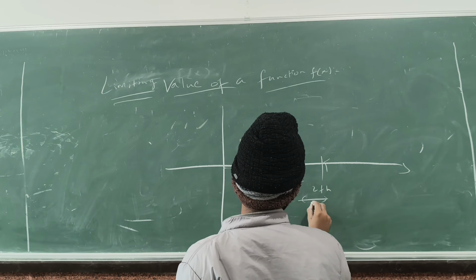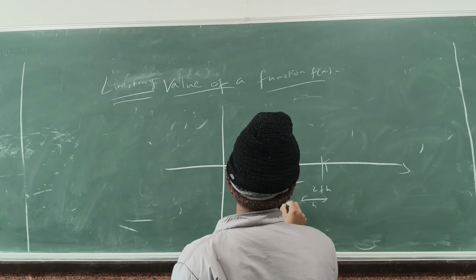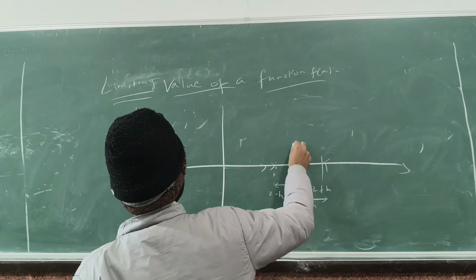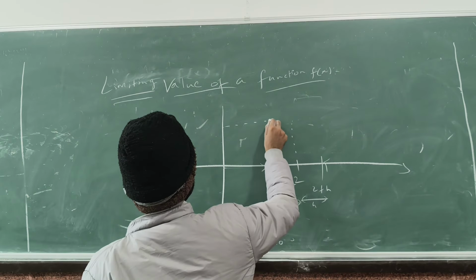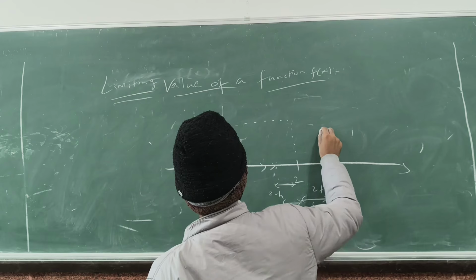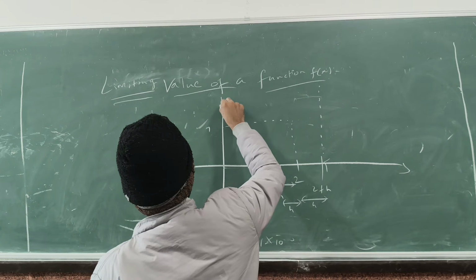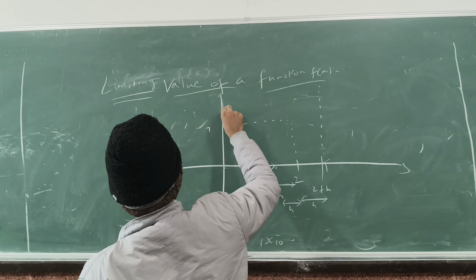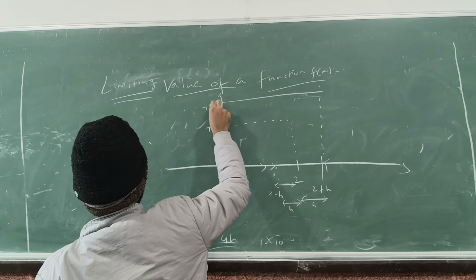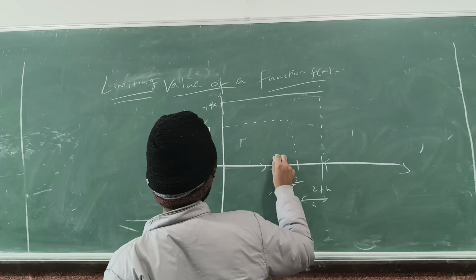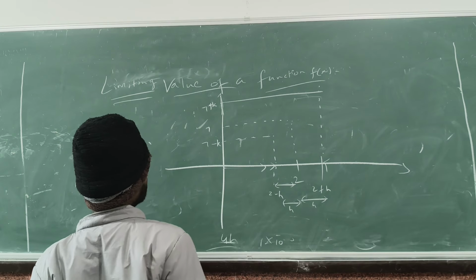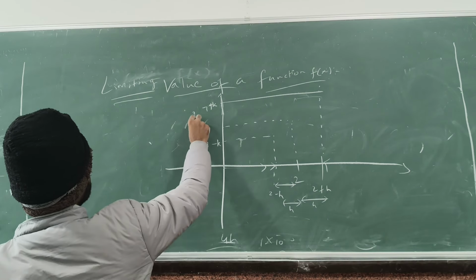This is h distance, this is h distance, and for 2 our value is f of 2 equals 7. For 2 plus we got 7 plus k, let's take for example k.